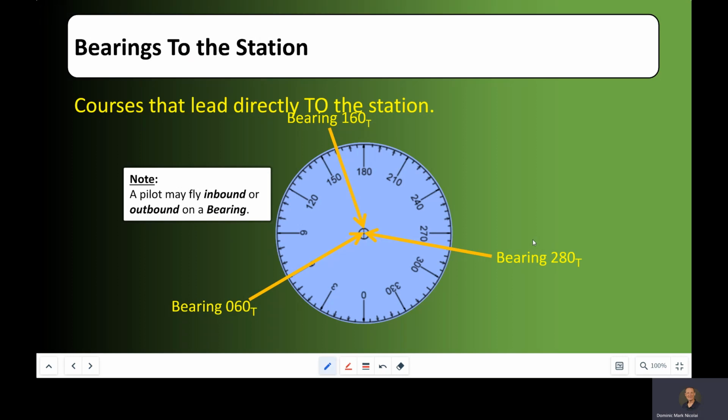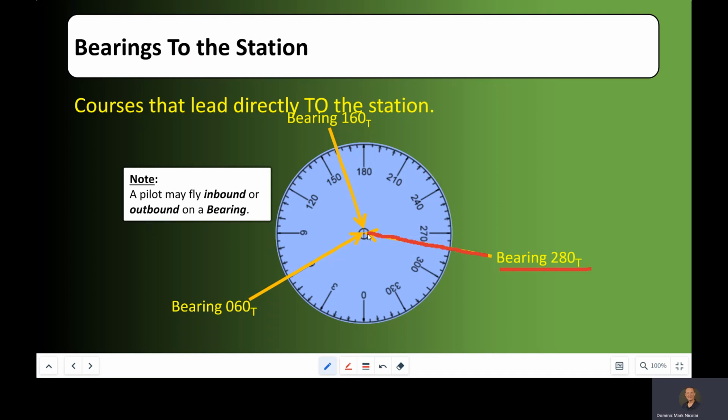Okay, so here's the previous slide. So for example, I used the bearing 280 to the station. I'm on the east-southeast side of the station. I am facing 280 degrees. So I'm facing west-northwest, and that will lead me right straight to the station. So about half of you got that one wrong.